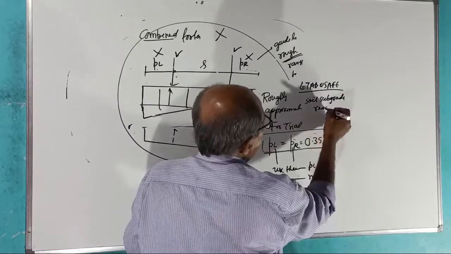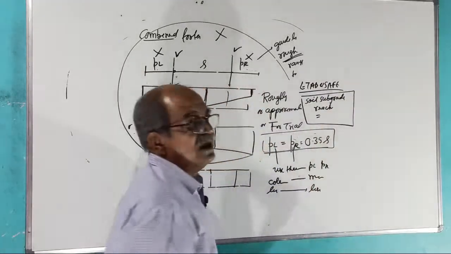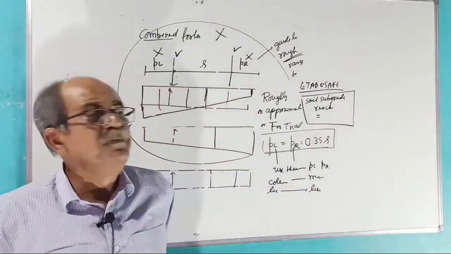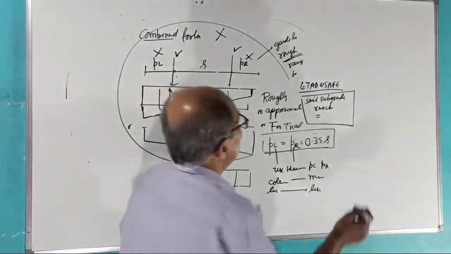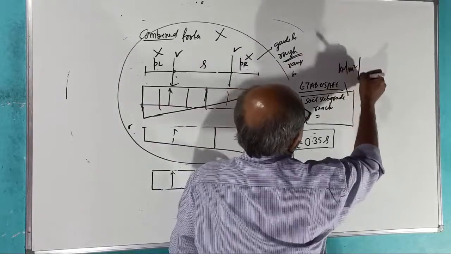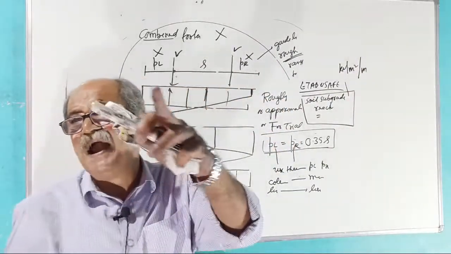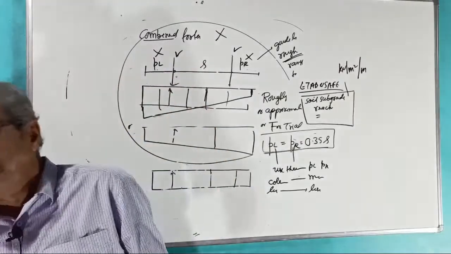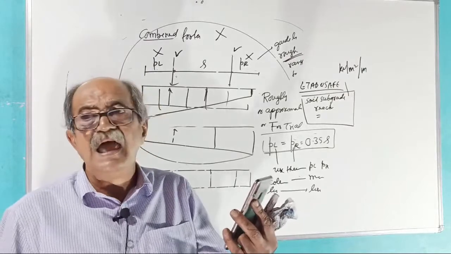That value you have to fill up. Anybody know what is the meaning of soil subgrade reaction? It is in kilonewton per meter square per meter. Tell me fast, what does soil subgrade reaction mean?